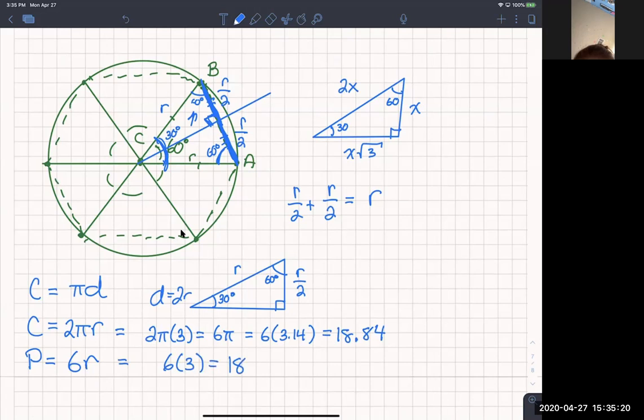So which is larger, the circumference or the perimeter, in this case if the radius is 3? The circumference. So what would be your answer choice? The perimeter of the hexagon is less than the circumference of the circle. There you go.